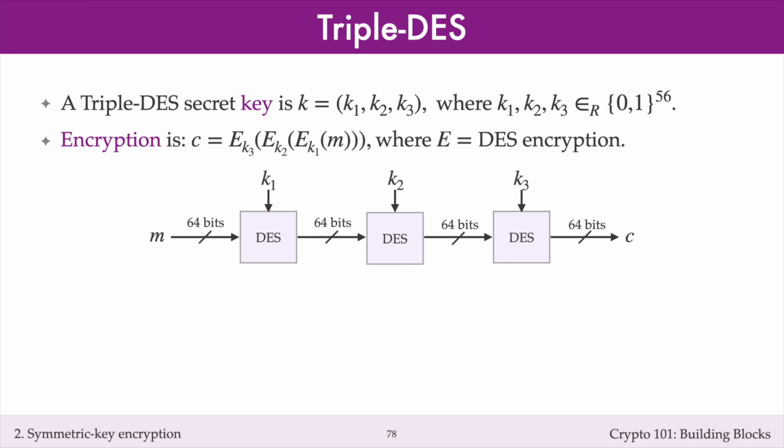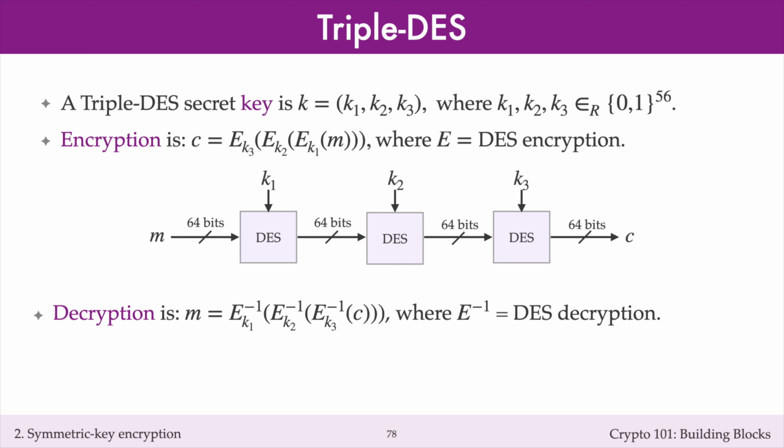The ciphertext C is also 64 bits in length. Encryption is depicted by this equation. Decryption is done by applying the single DES decryption algorithm using the single DES keys K3, K2, and K1 in that order.